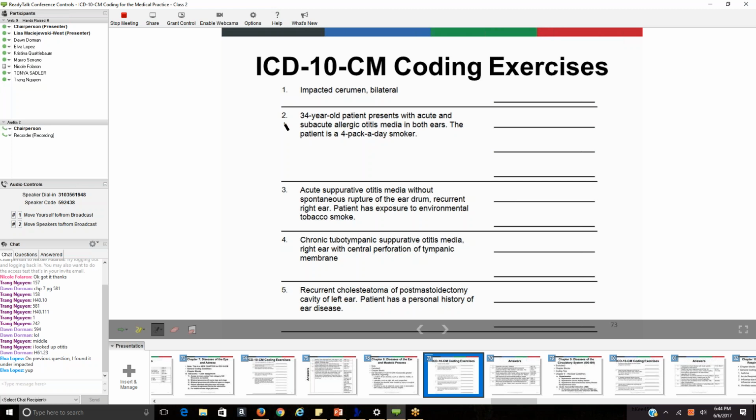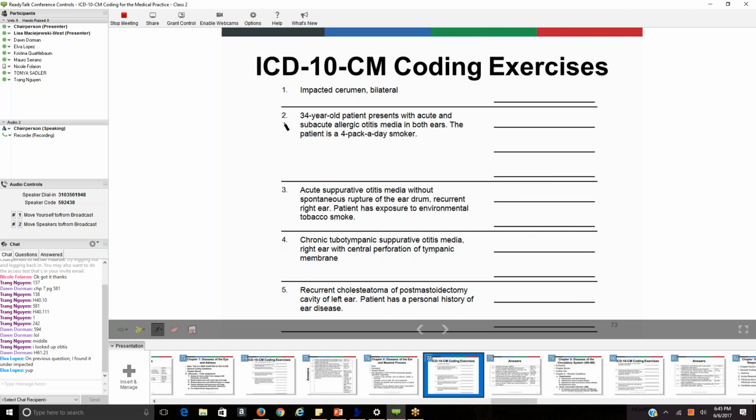If you see a code like Z77.22 and it's encapsulated in parentheses and there's no dash after the last digit, that means that's the code. But if this had said patient has a history of tobacco use, or tobacco dependence, then we would have to go to F17 point and look at all of the different choices we have there, okay?